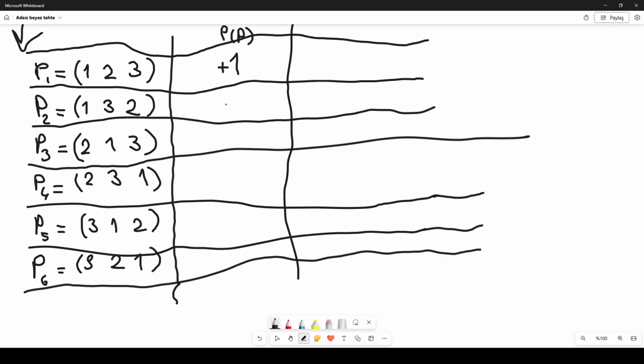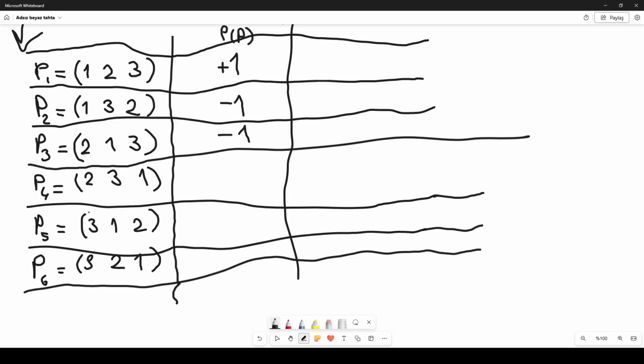So 1 is an odd number, so the sign is -1. How about P3? If you notice, only 2 and 1 are in the wrong places. One interchange between the first and second position would yield me the first one. So it's again -1, because one interchange, and 1 is an odd number.